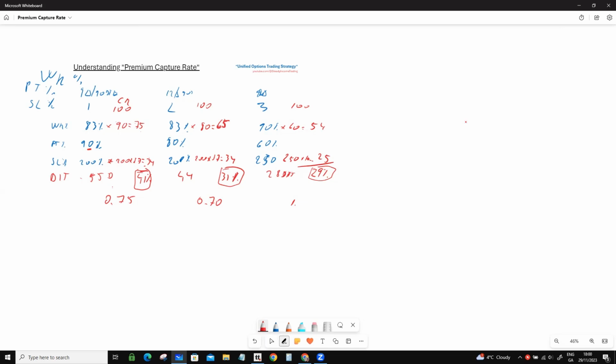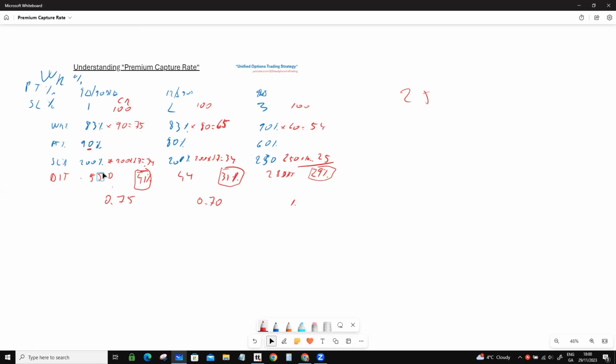Before we go there, I just want to mention that I didn't count for any slippage, any commissions, or any inability to close the trade at a certain stop loss. For example, if I say here 200, the PCR calculation assumes I close it at 200 exactly.